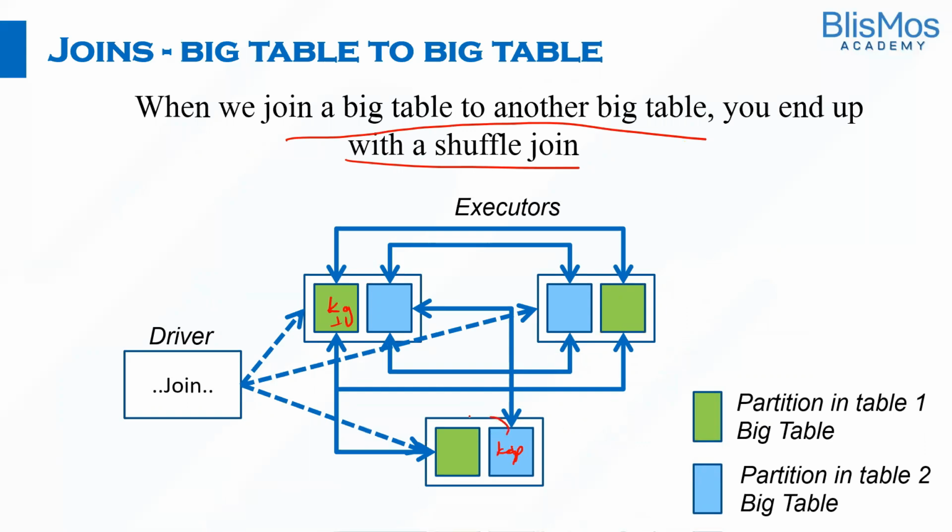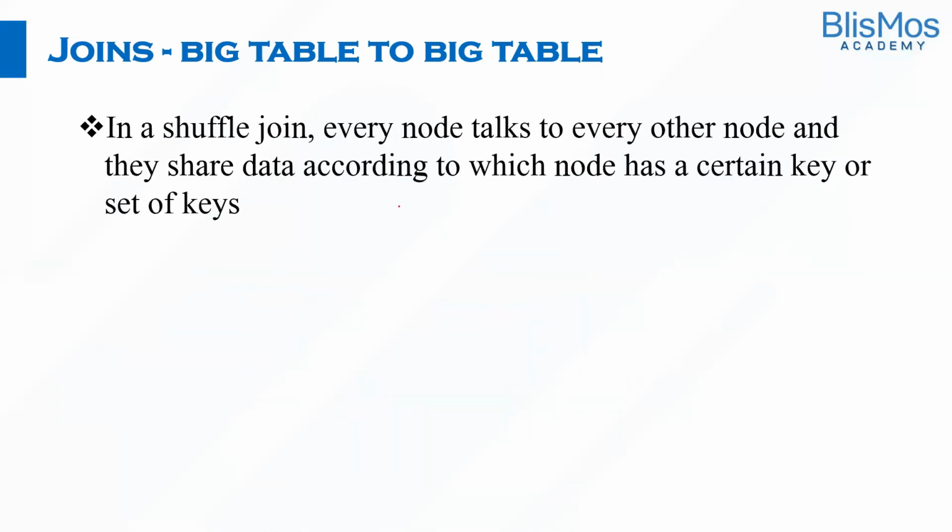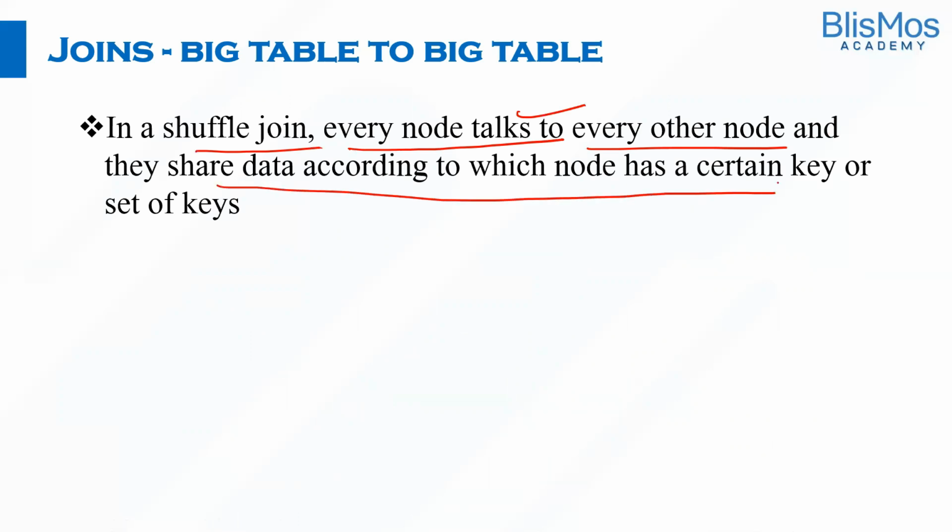So obviously this need to be transferred to here, because we will be combining the record of the data frame 1 with the data frame 2 based on the key. As we have seen in shuffle join, every node talks to every other node and they share the data according to which node has a certain key or set of keys, which we already discussed.